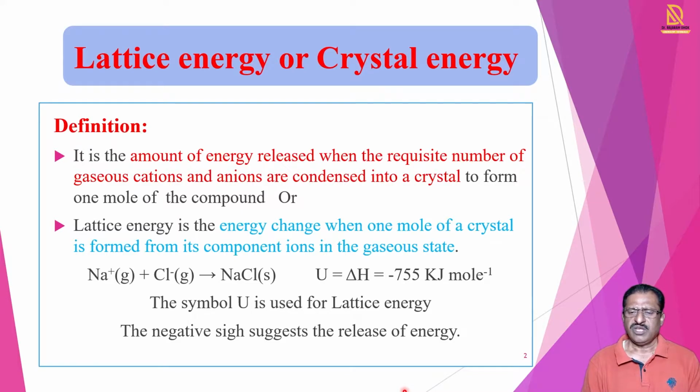So here the delta H value is minus. This negative sign suggests there is a release of energy, or there is an exothermic reaction. So when Na plus gas and Cl minus gas combine, solid NaCl is formed and minus 755 kilojoule per mole energy is released.